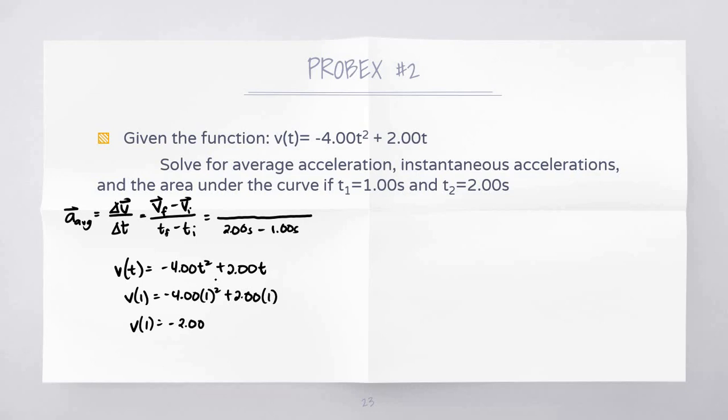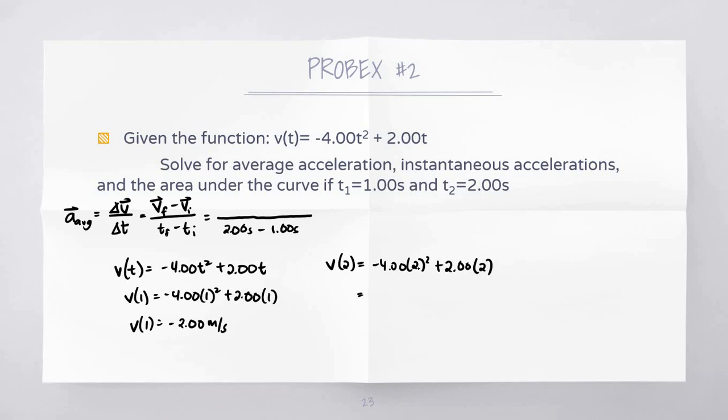Although it's not mentioned in here, let's just assume that the velocity is in meters per second. So this becomes negative 2 meters per second. It's alright that we've obtained a negative value for the velocity. How about the second one? Our final time, so v of 2 is equal to negative 4 times 2 squared plus 2 times 2.